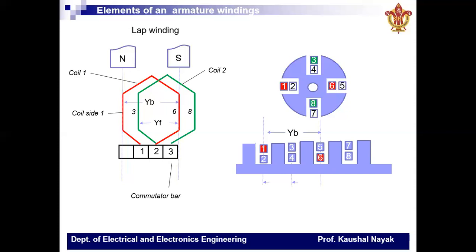And the difference of these two coil sides in terms of coil side numbers, 6 and 3, is 6 minus 3 equal to 3. So the front pitch of this coil connected in lap winding is 3.